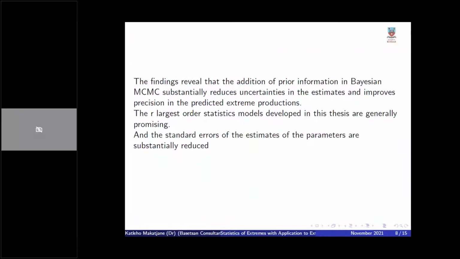And then the findings of this approach reveal that the addition of prior information in Bayesian MCMC substantially reduces uncertainties in the estimates and in the precision of the predicted extreme productions. The largest order statistic models developed in this study are also promising, and the standard errors of the estimates of the parameters are substantially reduced.